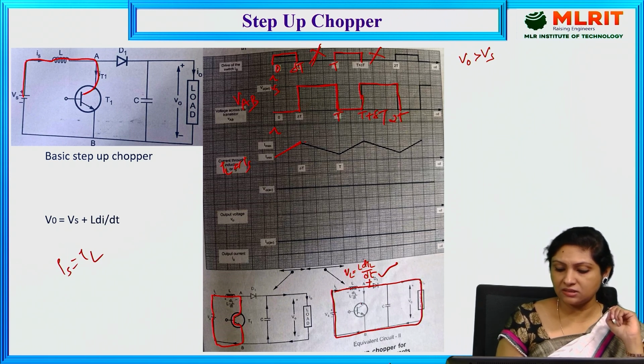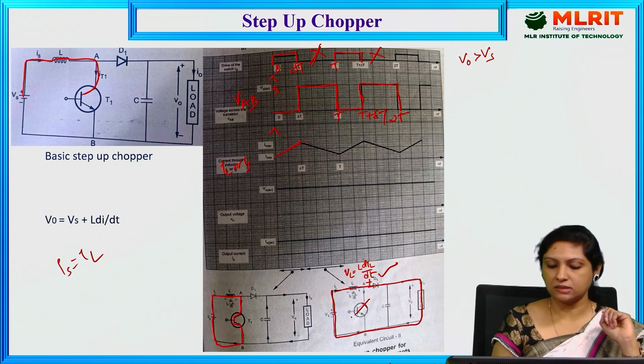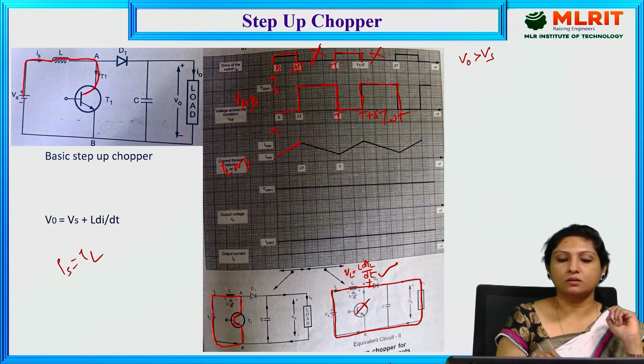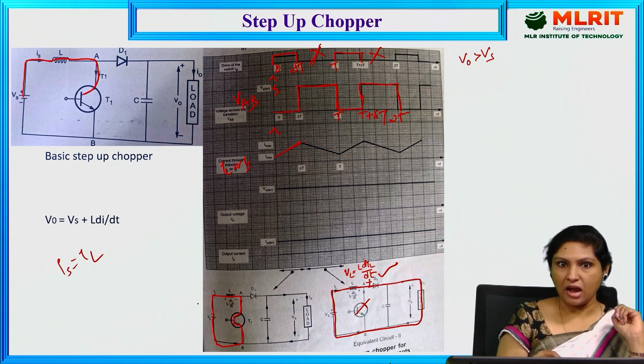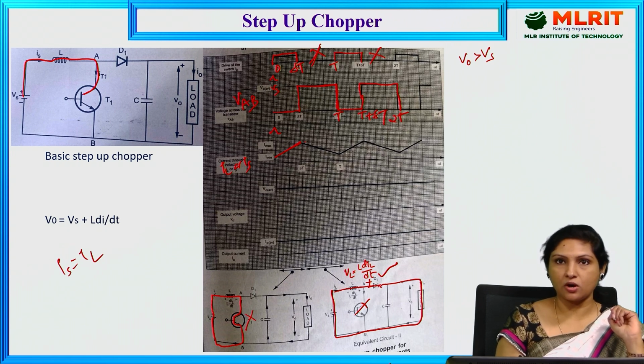When the transistor is off, it acts as an open switch. During 0 to delta t, when the transistor was on, the inductor stored a certain amount of energy, and when the transistor is off, this diode gets forward biased and drives the current through the load.